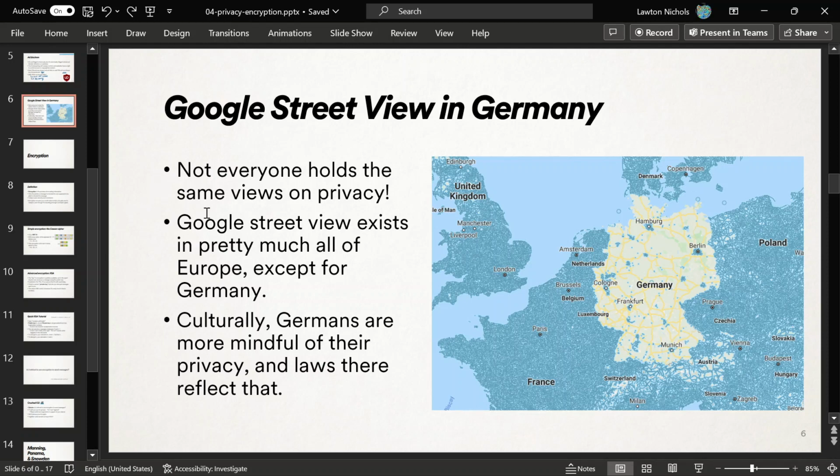So, okay, Google Street View is everywhere in the Americas, over most of Europe except for Germany, because Germans don't like the idea of it. As a culture, they are more mindful of their own privacy, and they have made laws that make it very hard to take this Google Street View data. Like only in the big cities is it easy to do that.